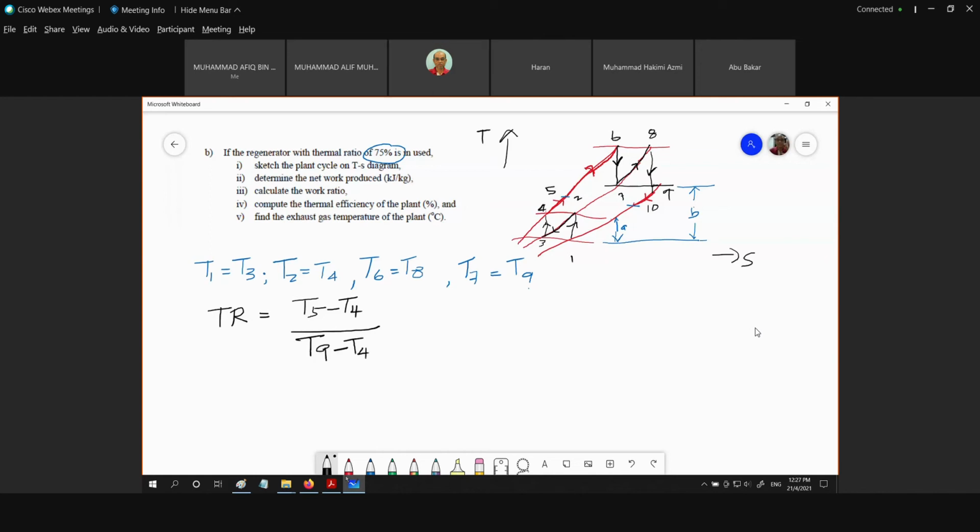So you have to draw back this line right here. This is 0.9. We already have our T4 and T9 and the thermal ratio. Then from here, we are going to get the T5. Anyone can calculate for me what is T5?